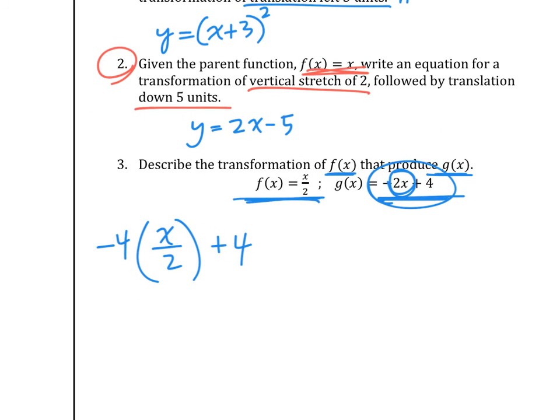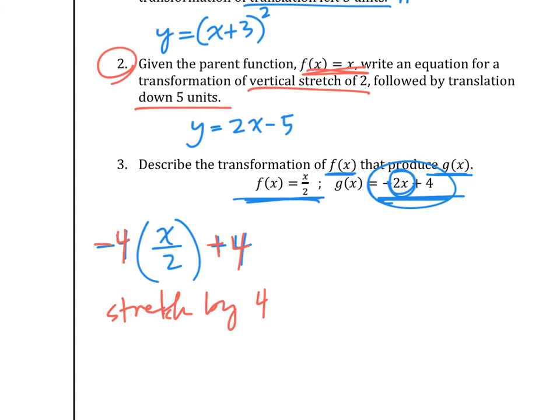Now, I probably should do this in a different color. So I multiply by 4, then put a negative, and then put a plus 4. Now these red parts that I just put in, can we translate that into a transformation? The first thing I did was multiply by 4. Multiply by 4 means what in transformation? Stretch by 4, or a factor of 4.